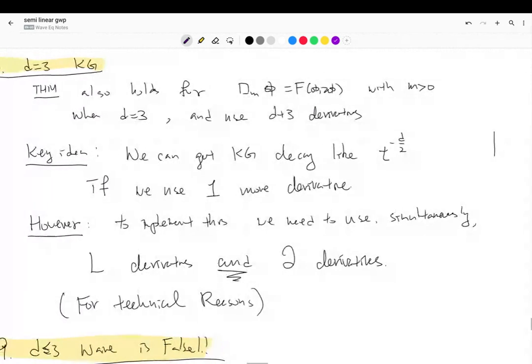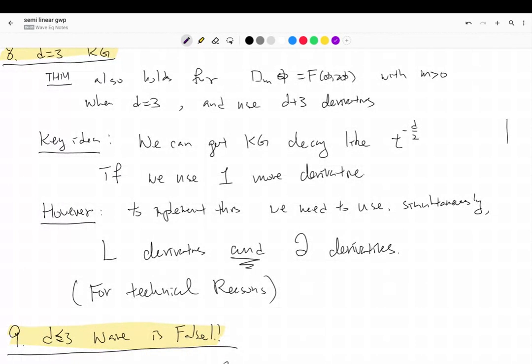Okay. So that's just a technical detail, but with that argument put in, you can actually complete the argument and say that in 3 dimensions, for quadratic nonlinearities, by using one more derivative, which is required, we get small data global well-posedness for the semi-linear Klein-Gordon equation for generic smooth nonlinearities.